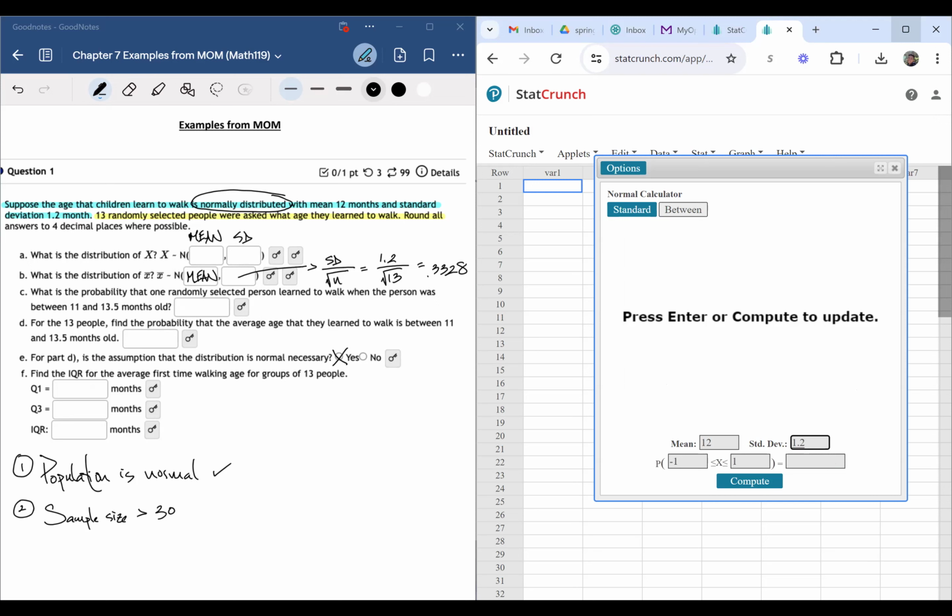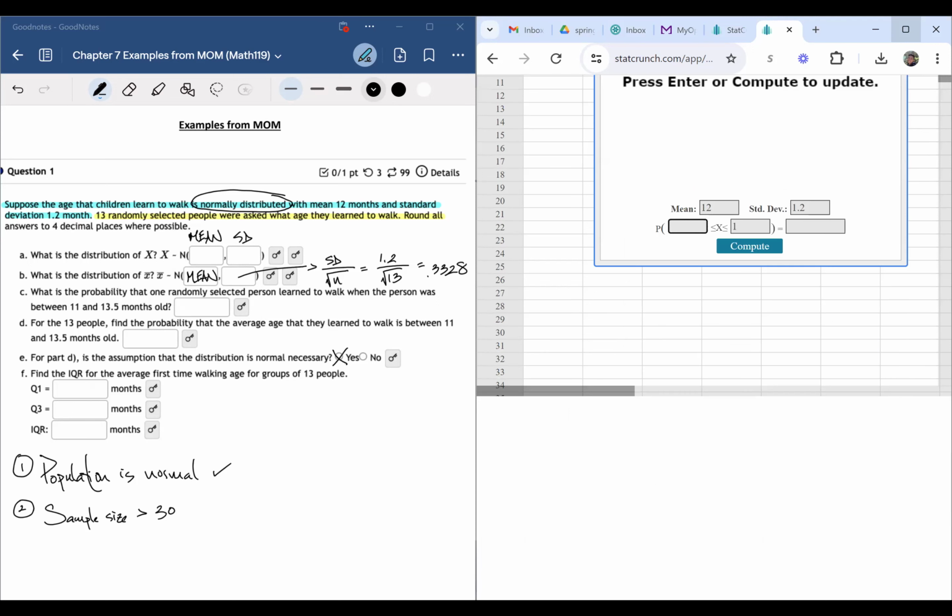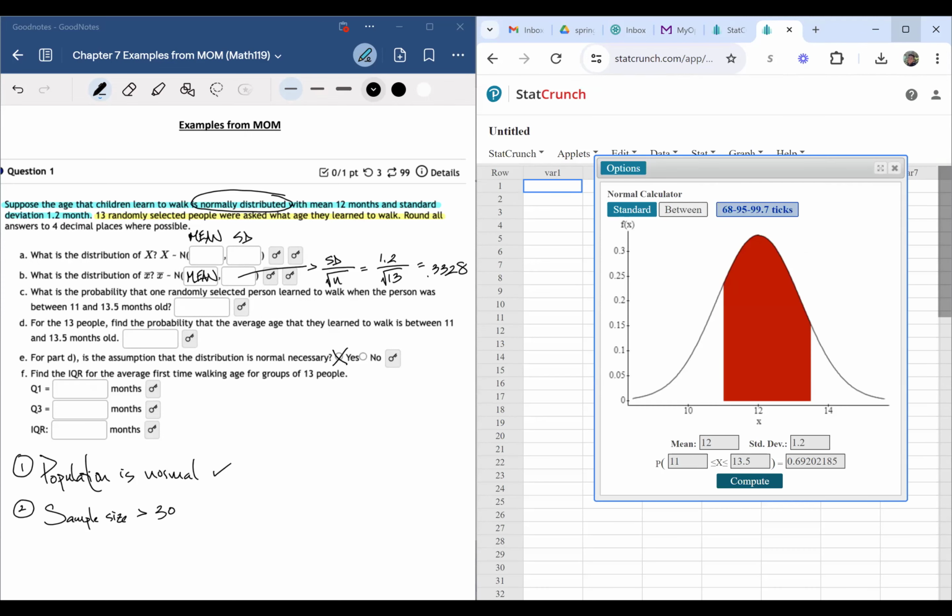We want to find the probability that it is between 11 months and 13.5 months. And we click compute and we get 0.69202185. Now we have to round to 4 decimal places. So the number I'm actually going to type in is 0.6920, because I'm not rounding that 0 up.